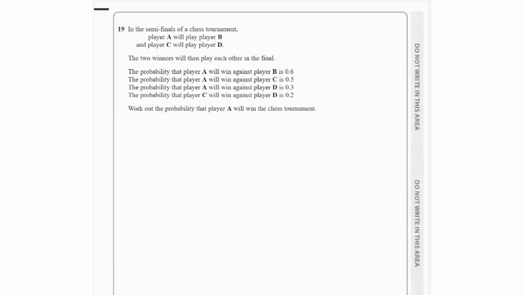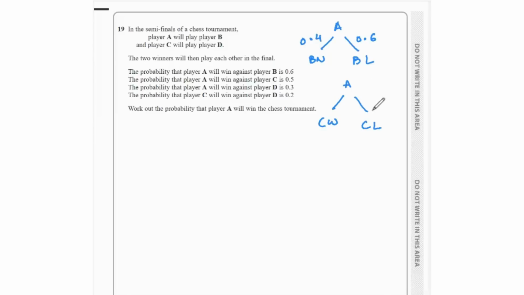Okay, so for this, for A, B win, B lose. So if B is winning, that's going to be 0.4. But if A is winning, that's going to be 0.6. Now, for A against C, C win, C lose.